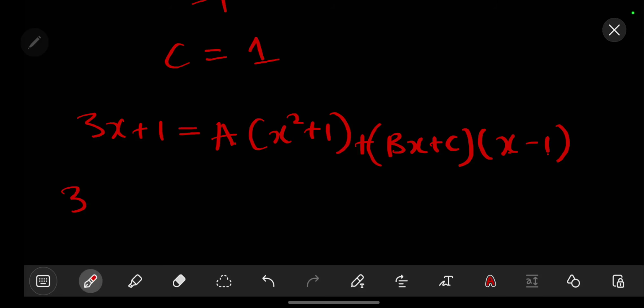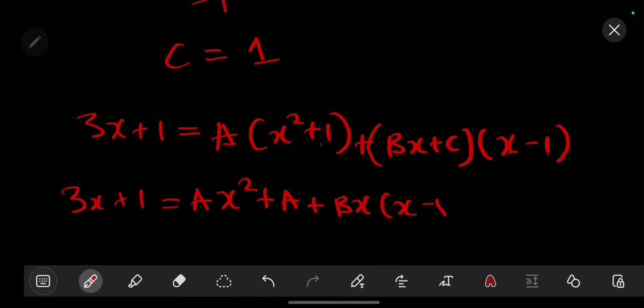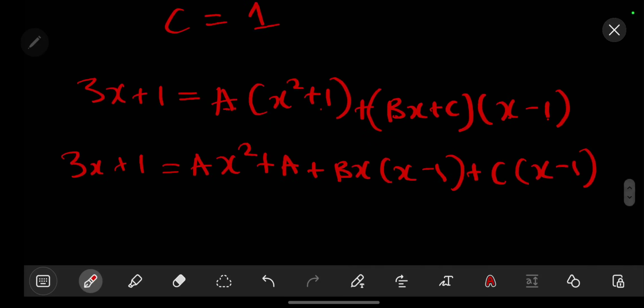So we are going to have our 3x plus 1 should be equal to, we have our a times x, it will be ax squared, plus we have a times 1, it will be our a, then we have plus bx multiplies everything, so we have our x minus 1, then we have plus our c multiplies everything, we have our x minus 1 like that.